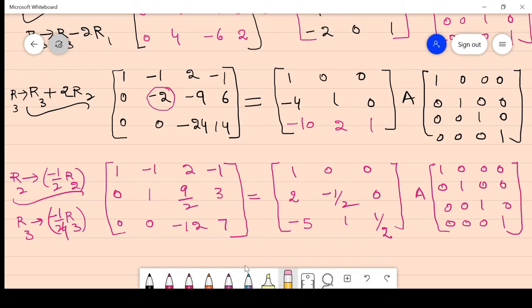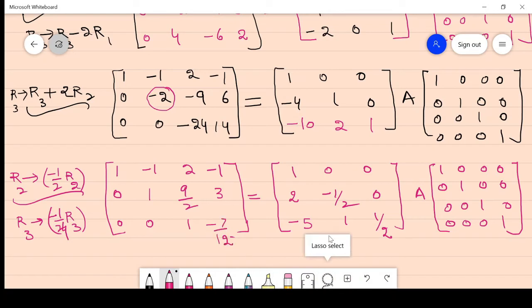If we operate minus 1 by 24, we get this term 1, and this term is 1, and this term is 14 by 24. So this is minus 7 by 12.